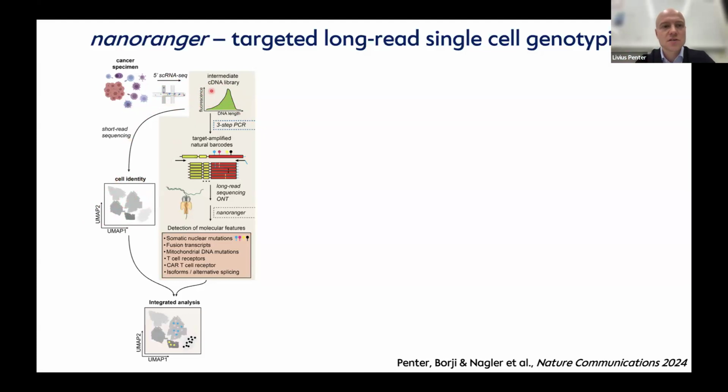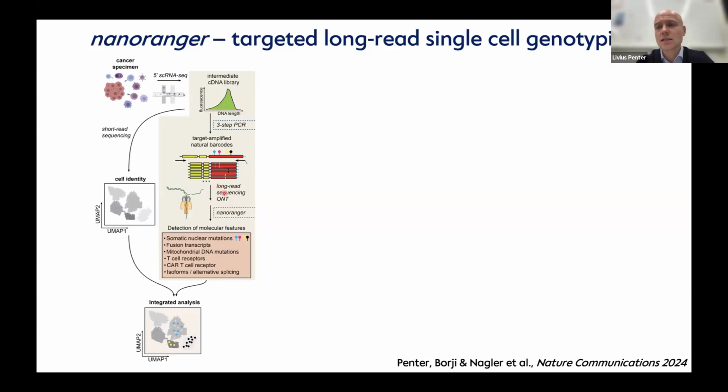But at the same time, we also take a portion of the cDNA and we perform a PCR that allows us to amplify transcripts that contain natural barcodes like somatic mutations. We then sequence those with Oxford Nanopore.